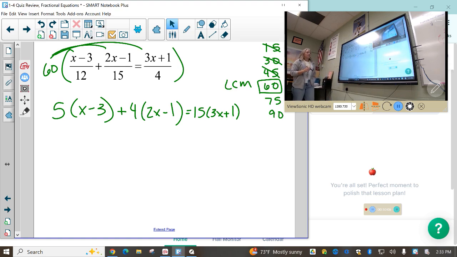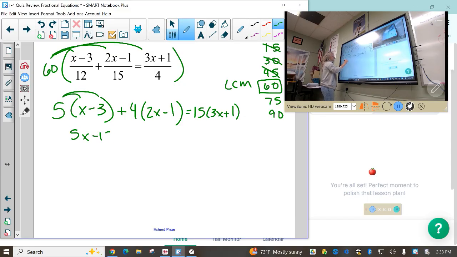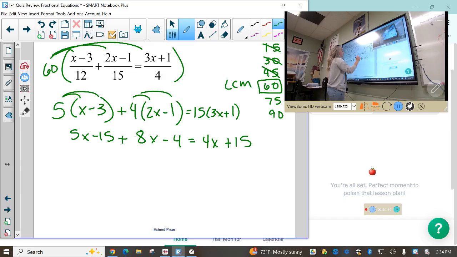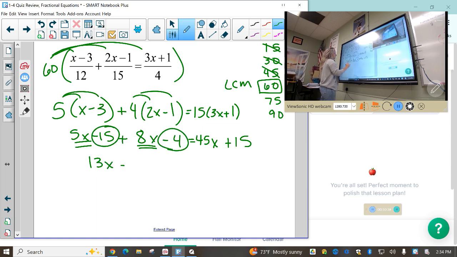Now I'm going to solve this equation like I would solve any other equation. So we're going to distribute, so I have 5x minus 15 plus 8x minus 4 equals 45x plus 15. Combine like terms, so I have 5x plus 8x is 13x, negative 15 minus 4 is minus 19.